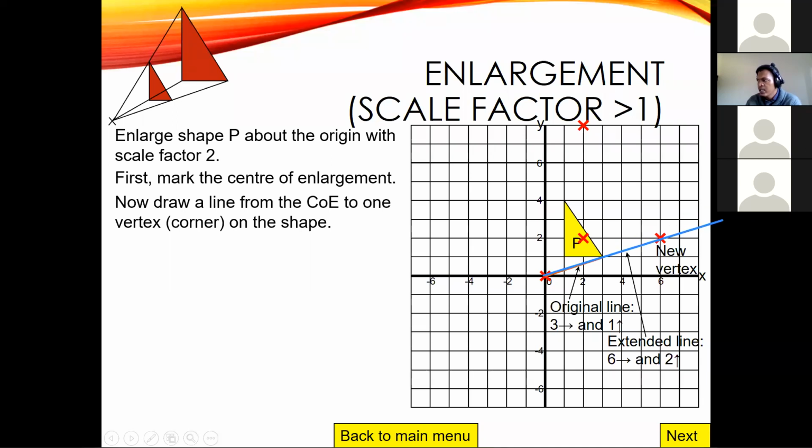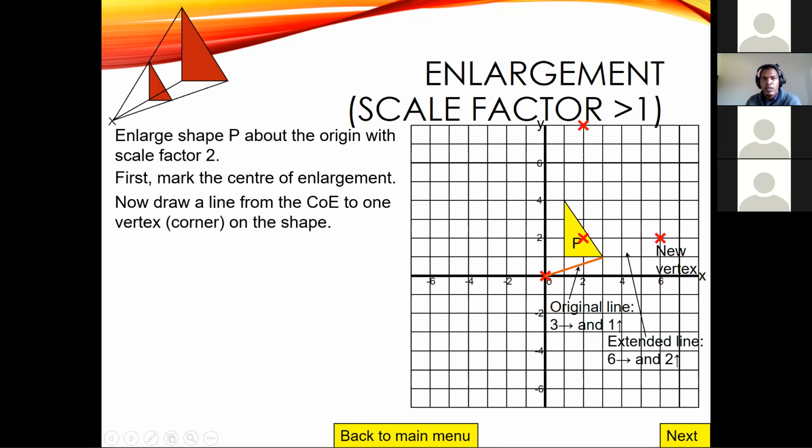Like the line goes out this way and another line goes out that way from the center of enlargement, and another line goes out this way. I've made them quite big so that we can see. This means that your shape must be touching all of these different places. That's where you know you need to draw your shape in that form. That's one way of looking at it.